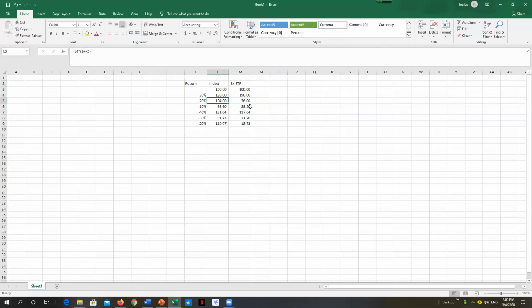However, with the leveraged 3 times ETF, you actually drop to $76, below what you started with, $100. The reason is that, on average, you have a positive return, but this 20% drop, although it's a smaller number than 30, is on a much bigger number.